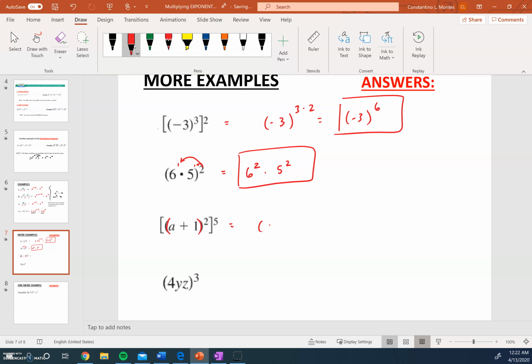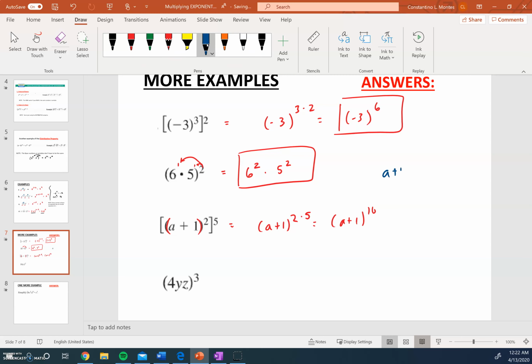I'm going to write this as quantity a plus 1 to the power of 2. Now when we have a power to a power, we just multiply times 5. This will give you a plus 1 to the power of 10. Now I urge you to not do this part. I'll write it in blue, since I'm already writing in red.